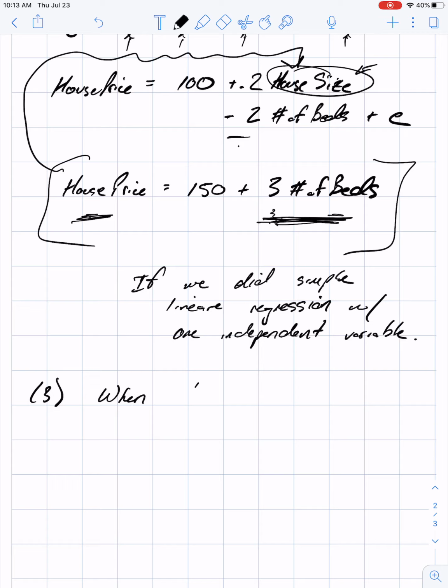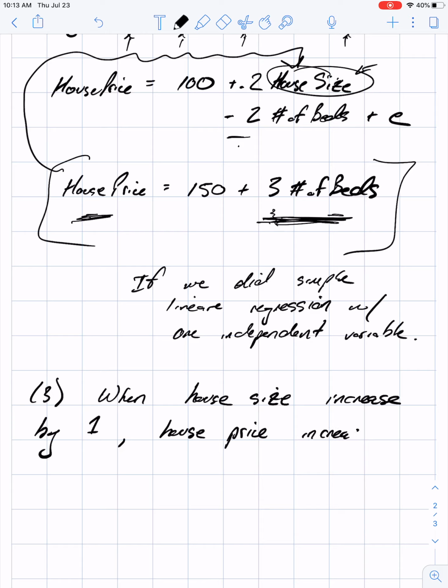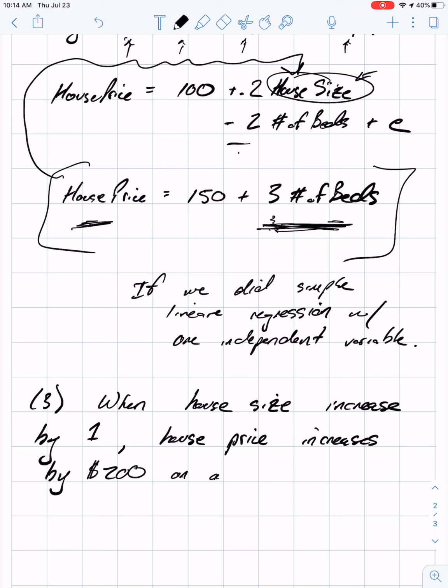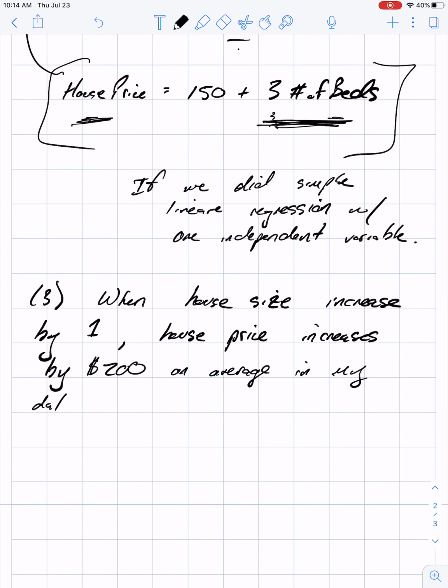When house size increases by 1, house price increases by 200 on average in my data, holding number of bedrooms constant.